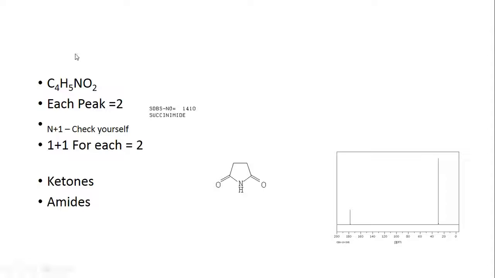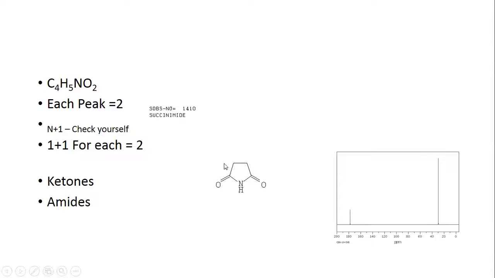So you take a carbon, look at the adjoining carbon, count how many hydrogens are coming off of it, and then add 1. For each of these, we get 2, which matches up to those spikes that we saw before, which confirms that we are correct with our assumption of ketones and amides being present in this molecule.